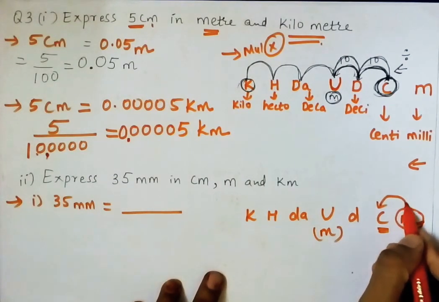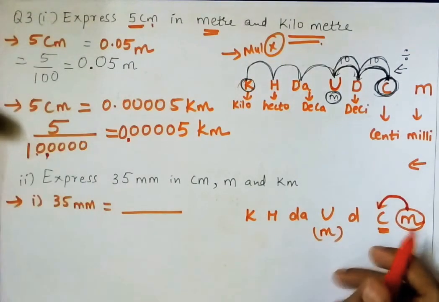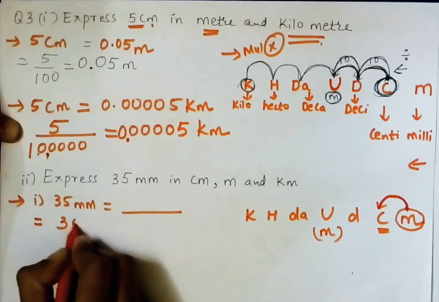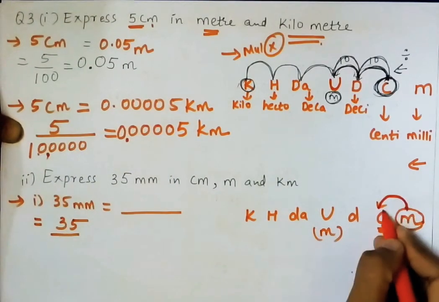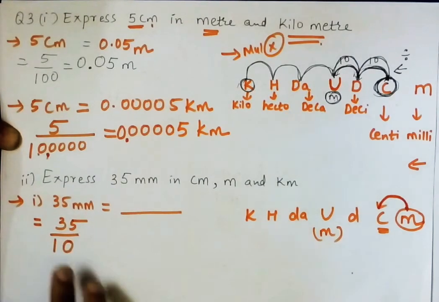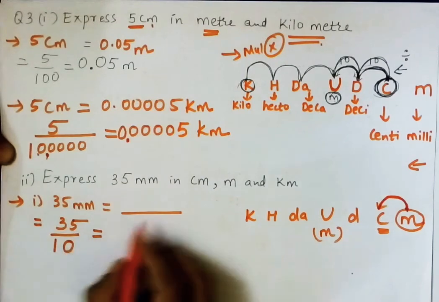So how many times we need to shift? Only one time. So we will divide this by 10. So it will be 35, and only one time we have shifted, so you will divide 35 by 10. Now keep the decimal point.